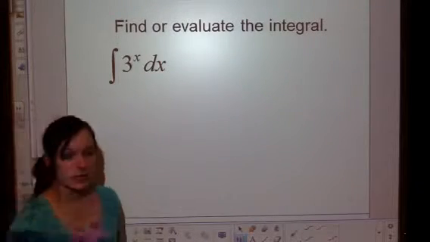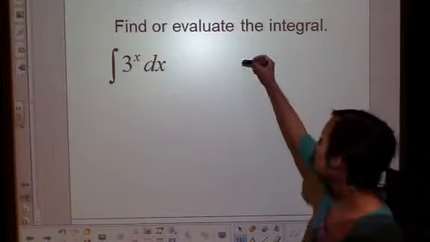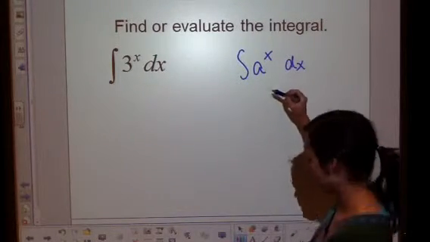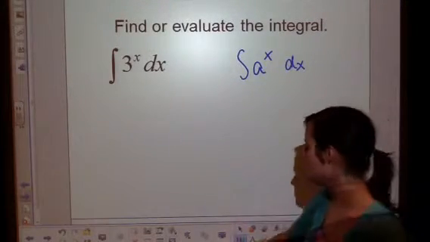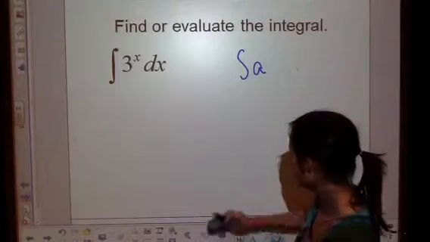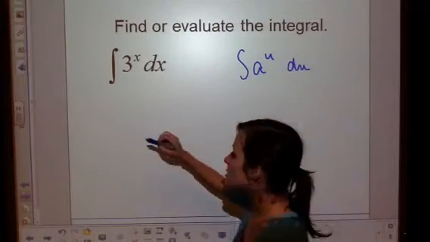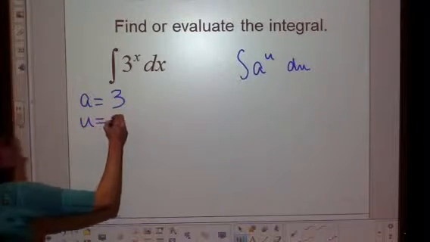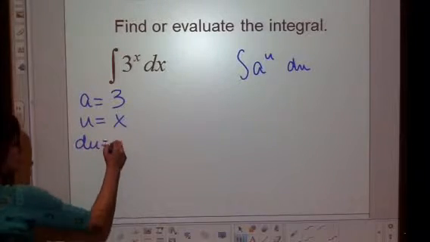Alright, so now for the last part, which is antiderivatives. Our antiderivative was a to the x dx. So a, and I'm going to use u and du here rather than x, because sometimes that gets confusing. So I'm going to say a is 3, u is x, du is 1.